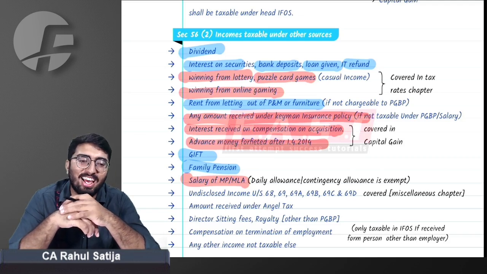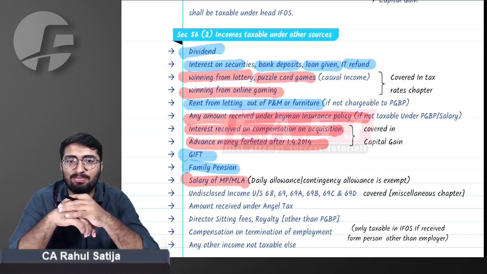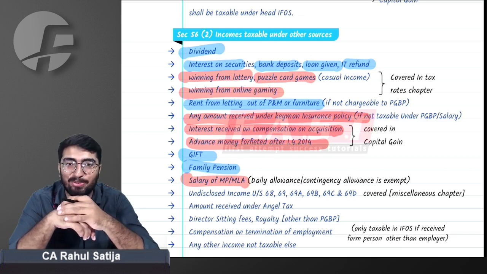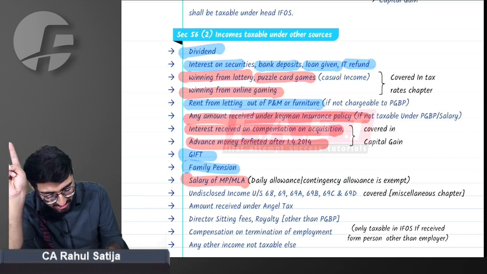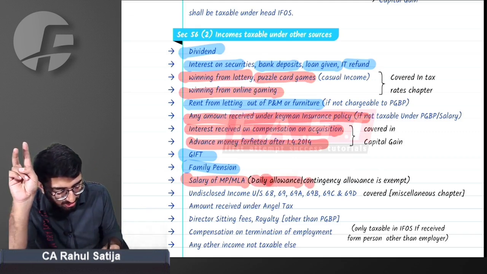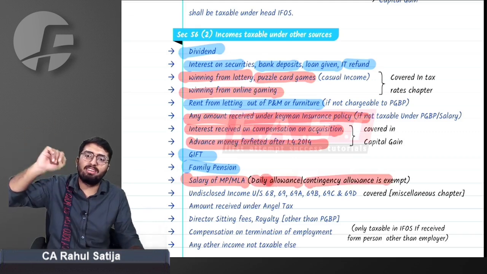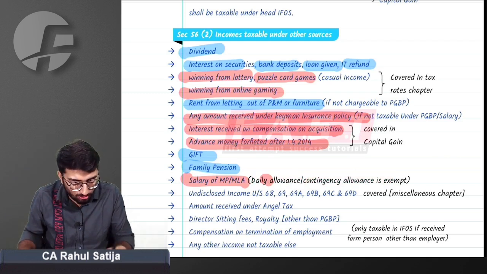So their salary will be taxable under the head IFOS. Two things to take care of: daily allowance and constituency allowance are always exempt in their hands.